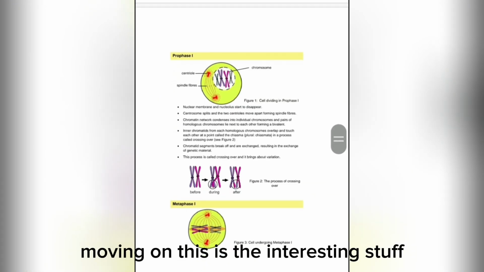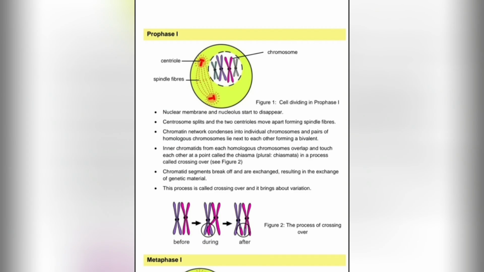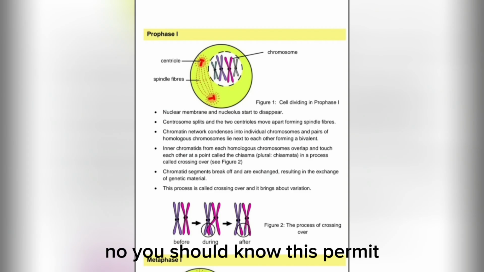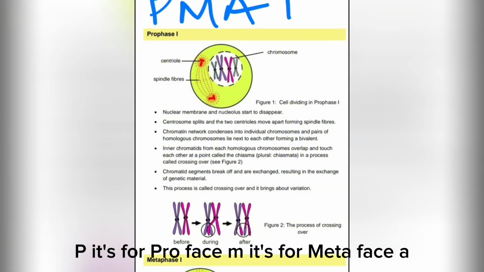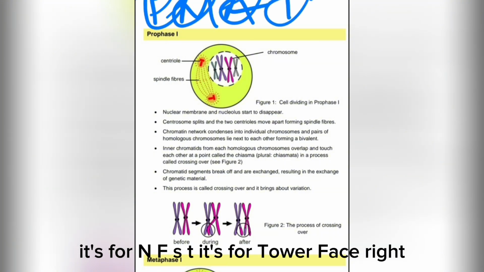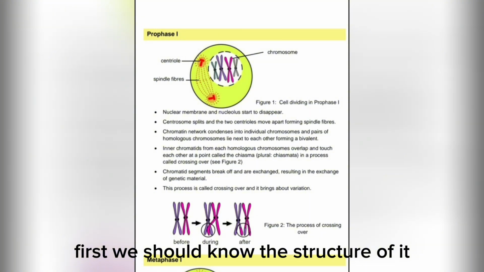Moving on. This is the interesting stuff. So first of all, you should know this: PMAT. P is for prophase, M is for metaphase, A is for anaphase, T is for telophase, right? Then prophase 1. First we should know the structure of it.